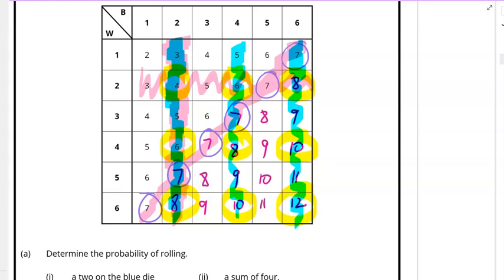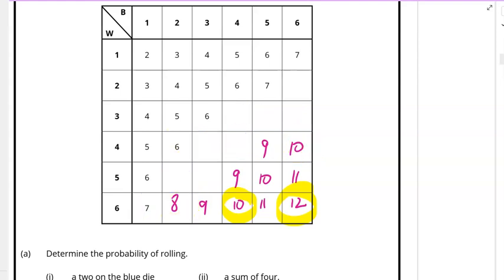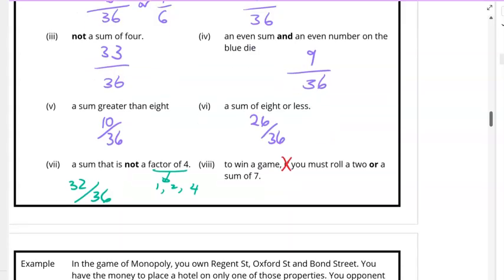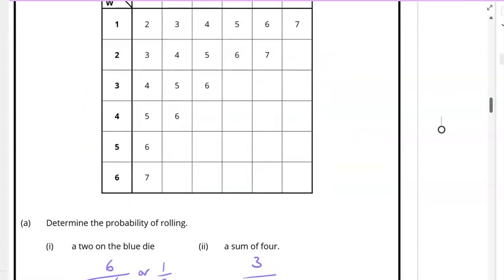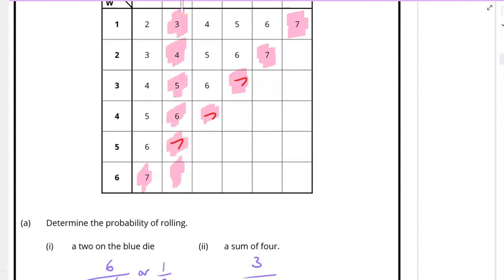That's a bit tricky. Let's get rid of all that shading. So the statement was, you must roll a 2 or a sum of 7. So the sums of 7 is this, and this. The 2 is, this is the blue that's got a 2. This is the white that's got a 2.